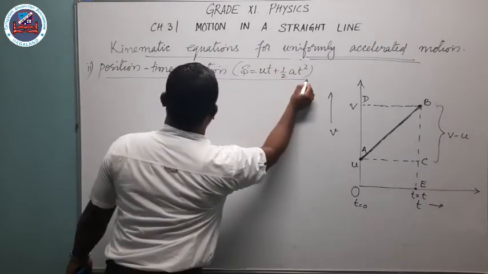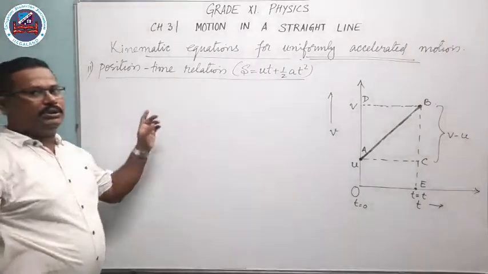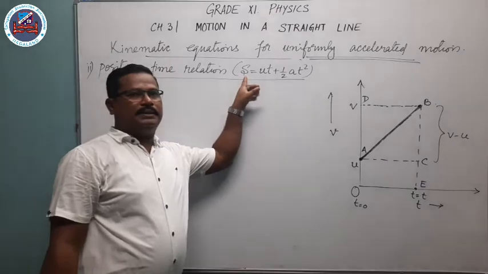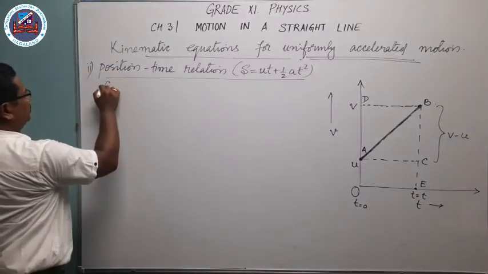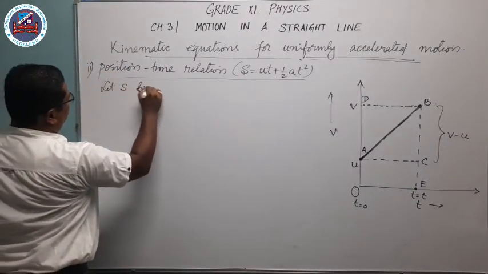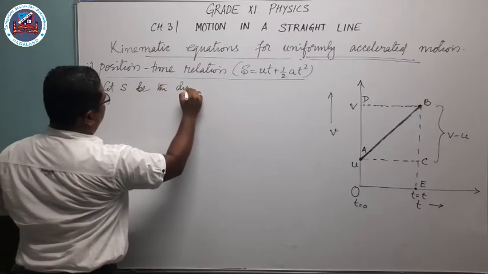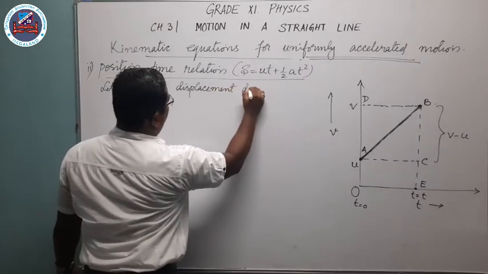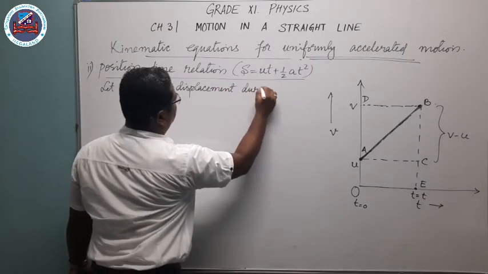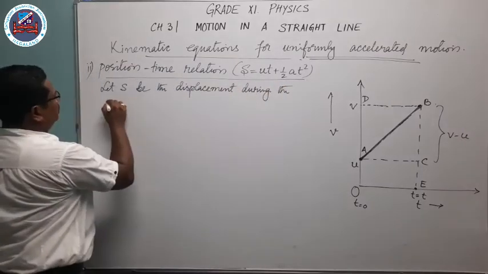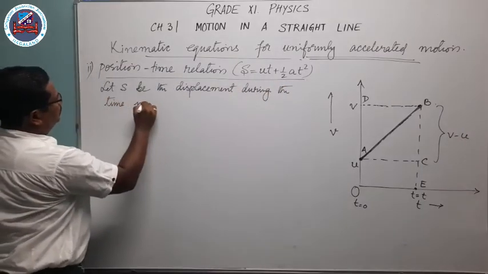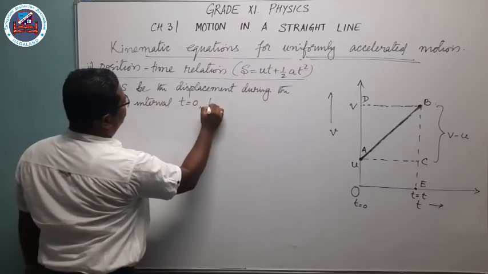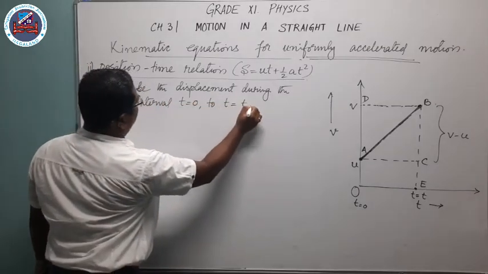For position time relation, during the time interval 0 to t, let us assume that the body is displaced by S. Let S be the displacement during the time interval t is equal to 0 to t is equal to t.